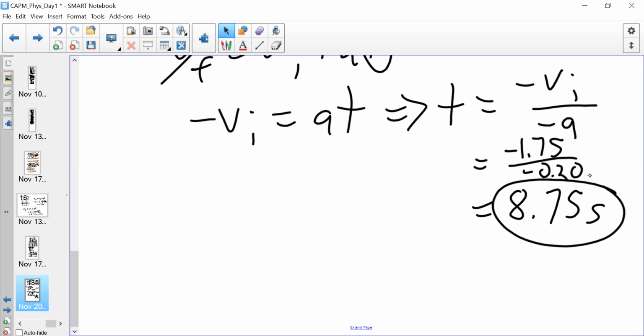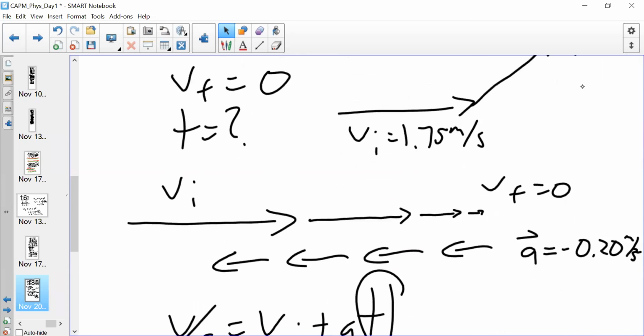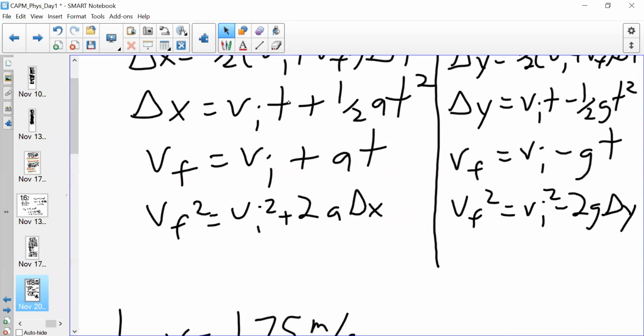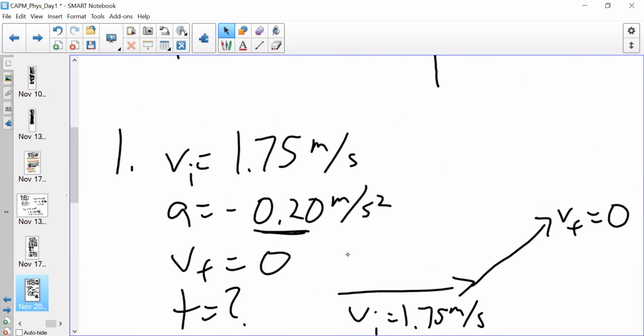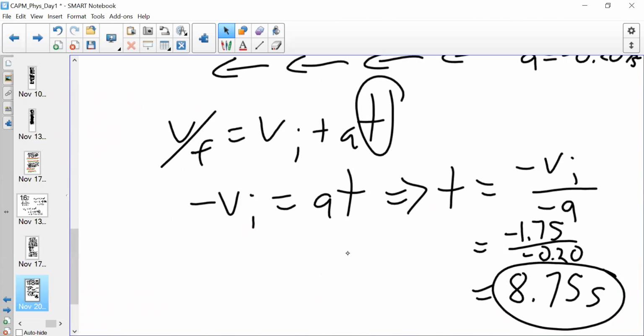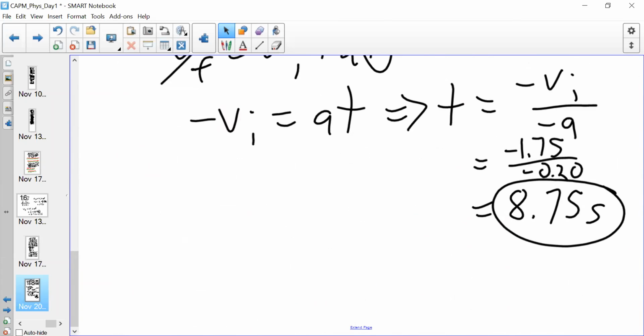We can solve for delta x by using the second equation, or this one, or even this one for number 1. It just depends what you got.